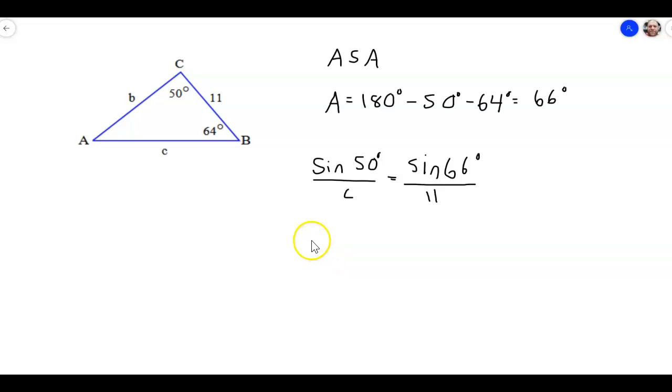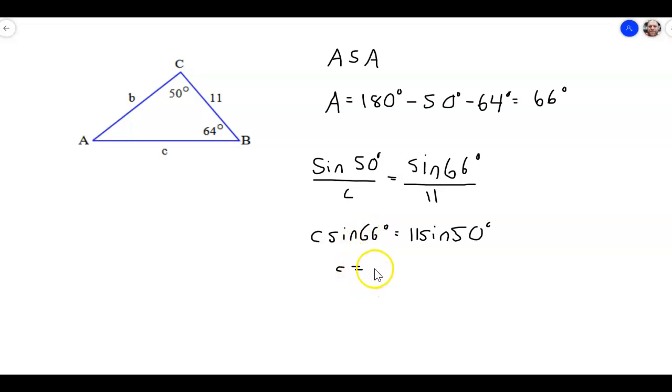I can just cross multiply. So c times the sine of 66 degrees is equal to 11 times the sine of 50 degrees. And finally, divide both sides by the sine of 66 degrees.